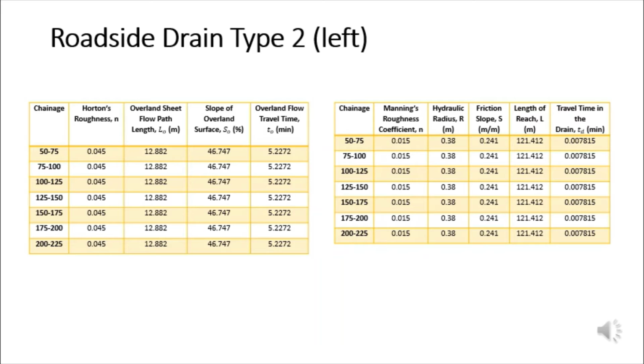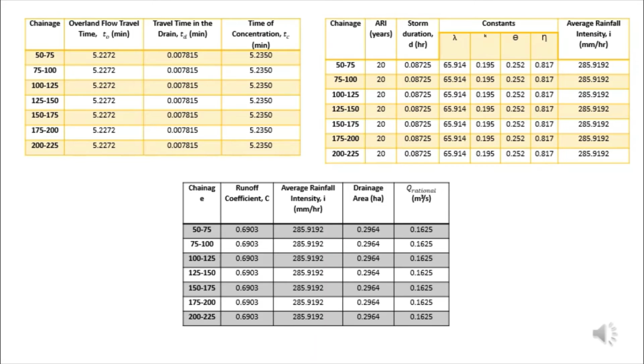After this, we will use this data to calculate T0 and TD. After we obtain the values of T0 and TD, we can calculate the TC and the average rainfall intensity, and continue to calculate the Q rational. Our Q rational for the left side of the roadside drain is 0.1625.